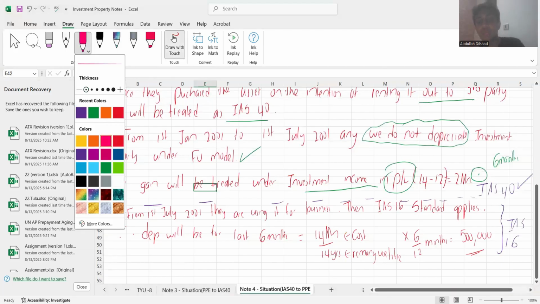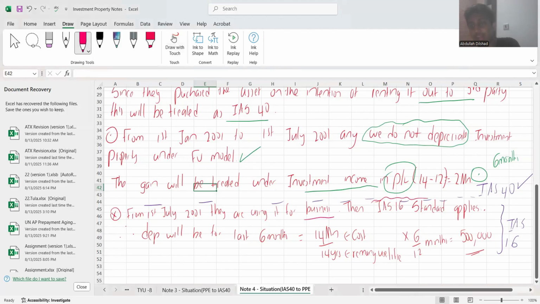Okay. From 1st July, let me again change the color of the pen. From 1st July, they are using it for the business, so your IAS 16 standard will apply. Obviously you can calculate depreciation. 14 million was the fair value. The remaining useful life was 14 years. You will get a depreciation of 1 million per year.